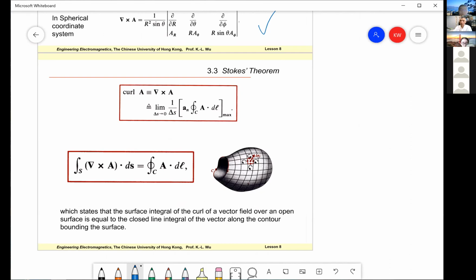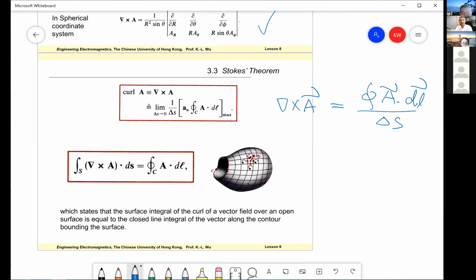But let's recall, this is a very clear relation from the definition. The definition says the curl of a vector is related to a curve, and related to the differential surface.